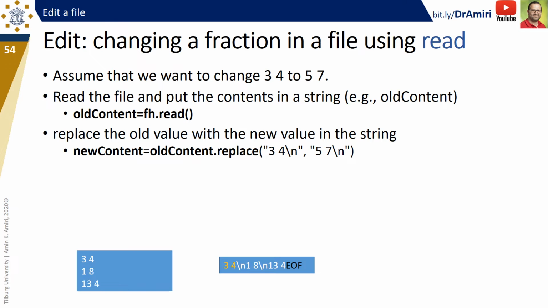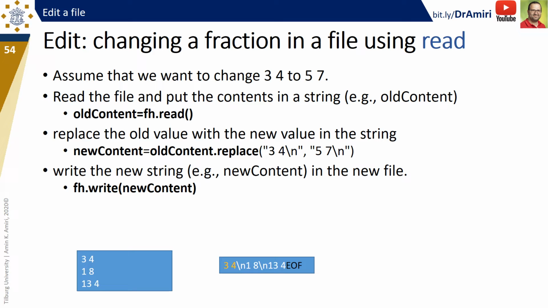As a result, inside the old content, all 3 blank space 4 backslash n are replaced with 5 blank space 7 backslash n, and the result is already in the new content. Now your job is just to write this new content in the file using fh.write. So this is quite the simplest way to edit a file.